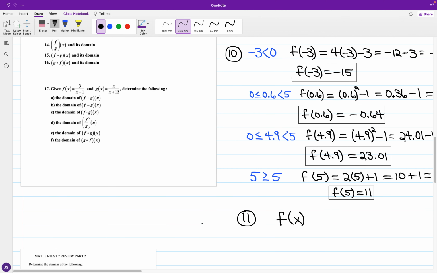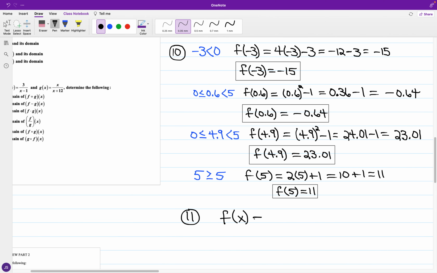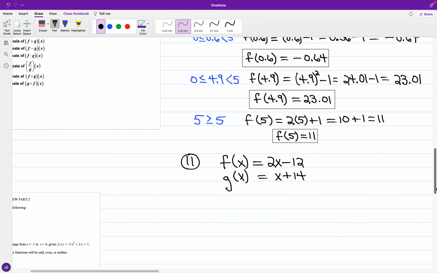Again, that was f of x equal to 2x minus 12, and we have that g of x is equal to x plus 14.